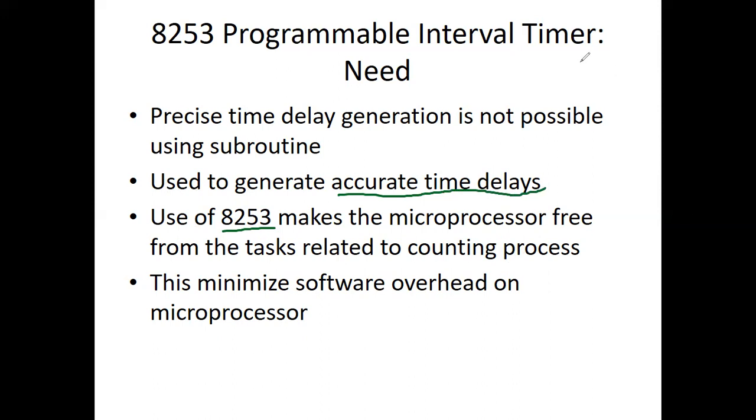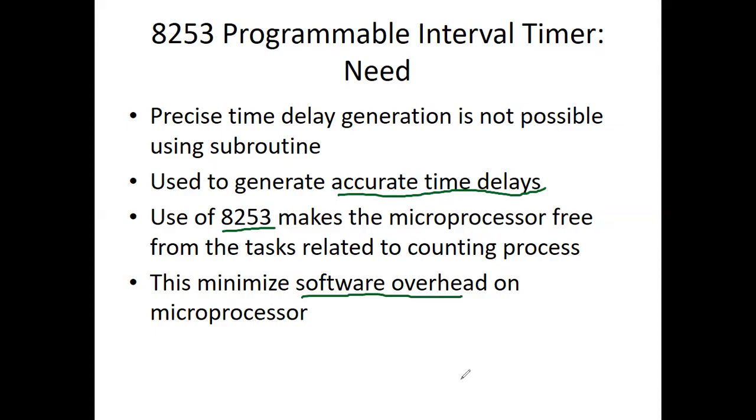If we are using an interval timer IC, then the microprocessor becomes free from the task related to the counting process, and when the processor becomes free, the software overhead on the microprocessor is minimized.